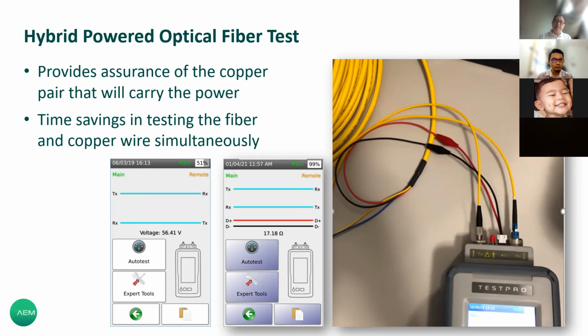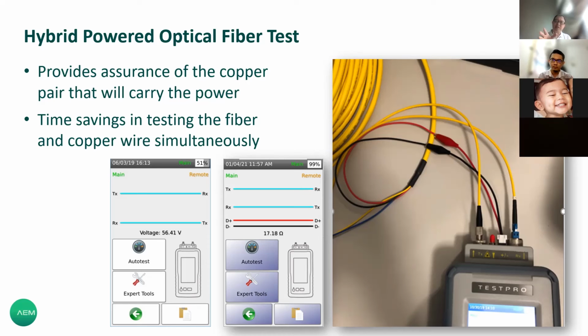Copper cable can never support the camera in the tunnel because of the distance. The tunnel can reach more than 1 kilometer, so they need a fiber cable to support the camera devices. But what about power? They also cannot have local power inside the tunnel. Safety is one of the issues. So they need to run a copper wire to support the camera.